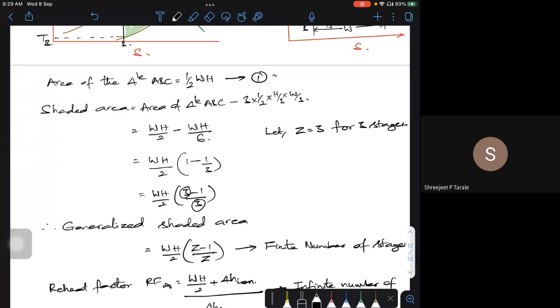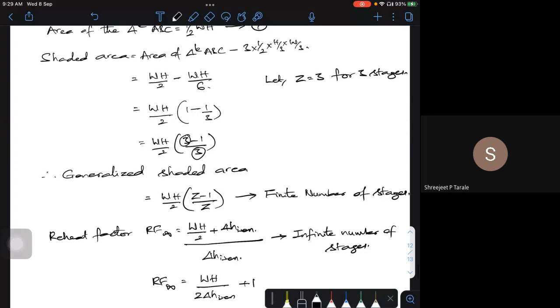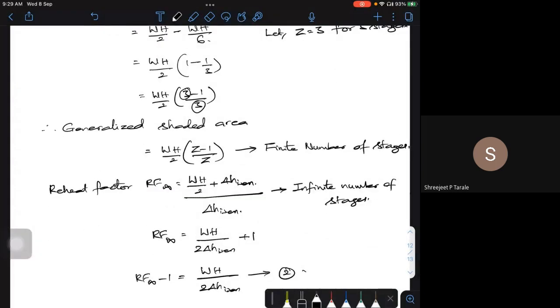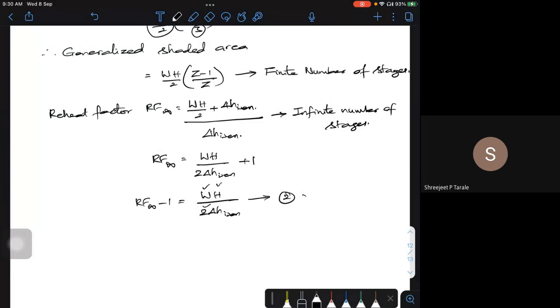The reheat factor for a finite number of stages will be WH by 2, your delta H isentropic is there, and the added one is Z minus 1. Wherever you have this WH by 2, I will try to substitute this in terms of this thing.